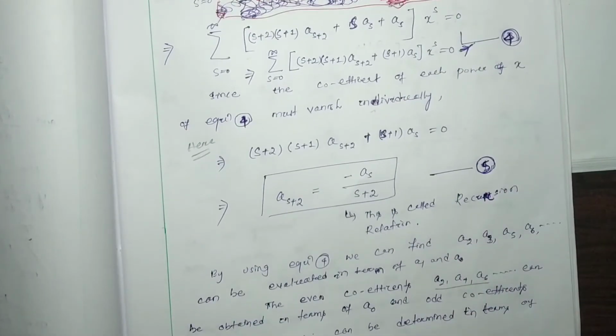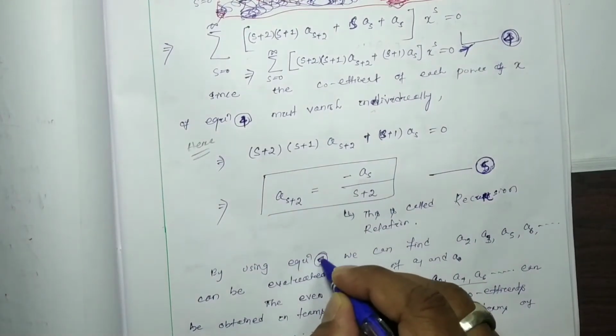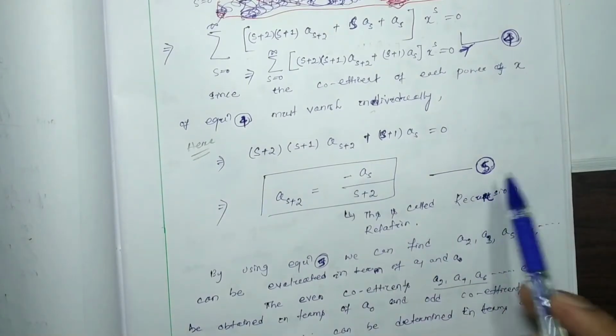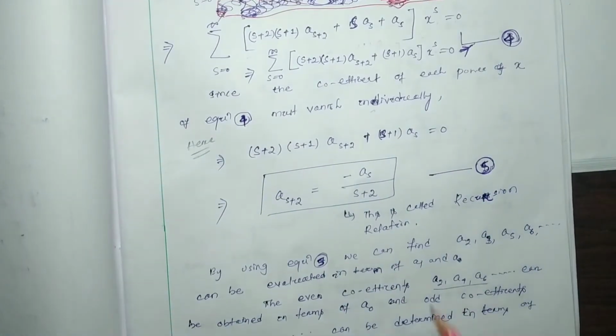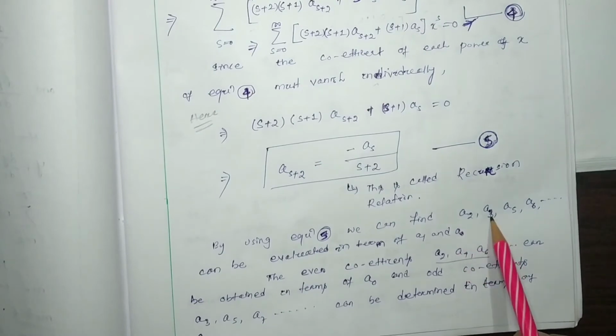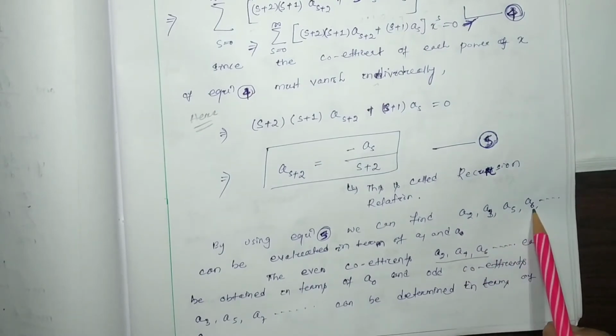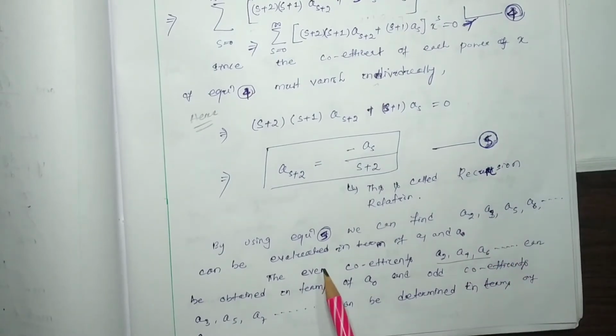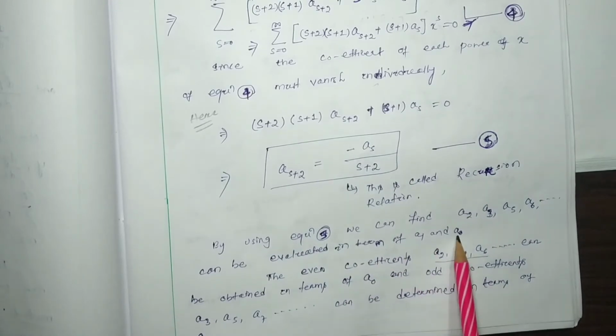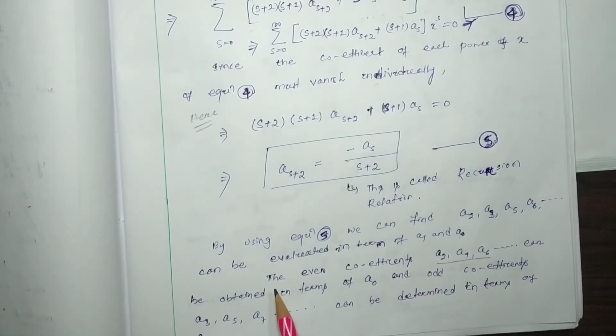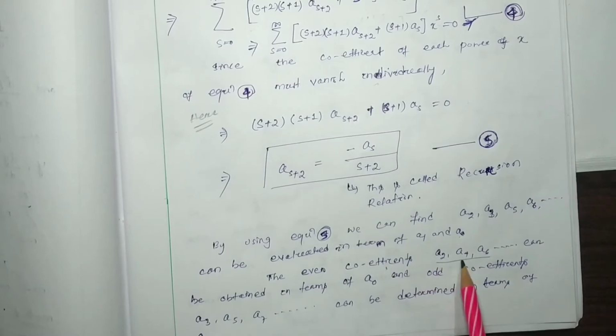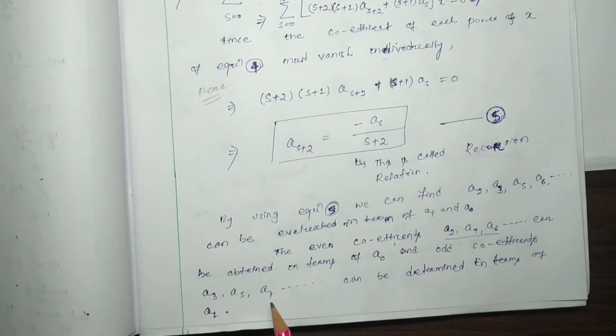By using equation number 5, we can find a2, a3, a4, a6 in terms of a1 and a0. The even coefficients a2, a4, a6 can be obtained in terms of a0, and odd coefficients a3, a5, a7 can be determined in terms of a1.